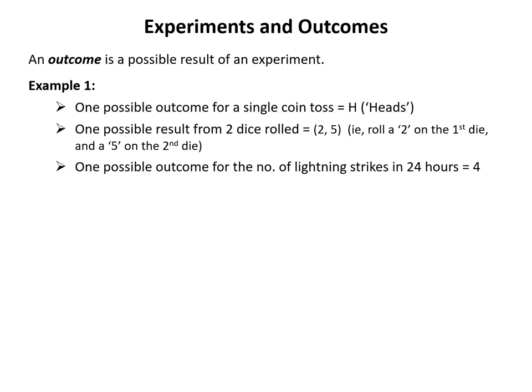One possible outcome for a single coin toss would be heads, which we could denote with the letter H. And one possible result from rolling two dice is the combination of getting a 2 on one die and a 5 on the other, which we can write as (2, 5). And if we're measuring the number of lightning strikes in 24 hours, one possible outcome could be that there are 4 such strikes.